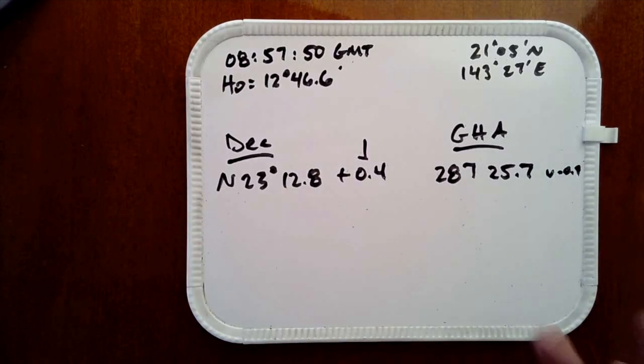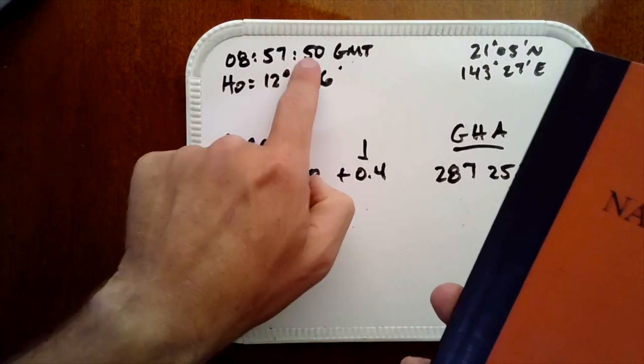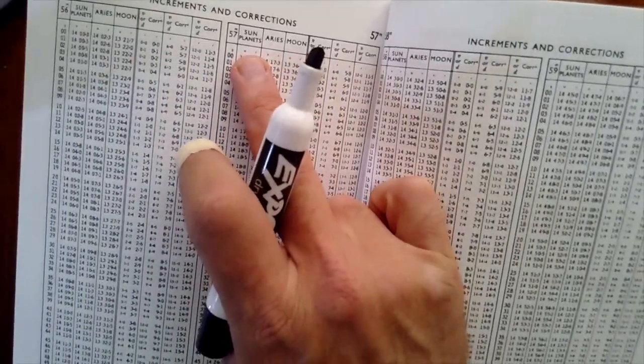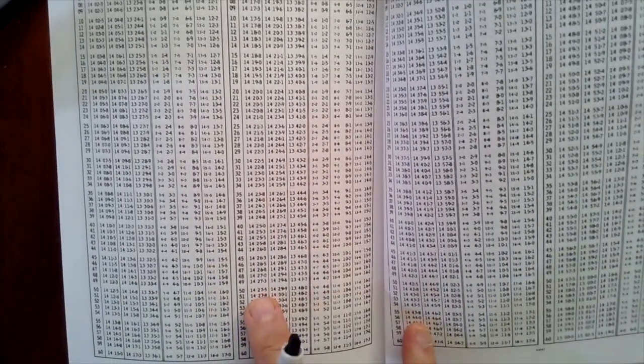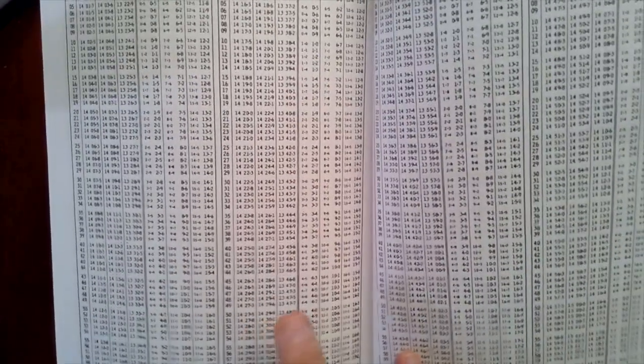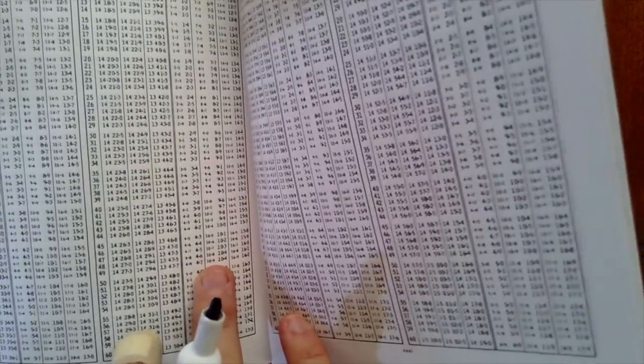So next we'll go into the increments and corrections pages for 57:50 to account for that. We'll look in the sun and planets column. So for 57 minutes and 50 seconds, we'll pull out 14 degrees 27.5, and then we'll look at our v number.